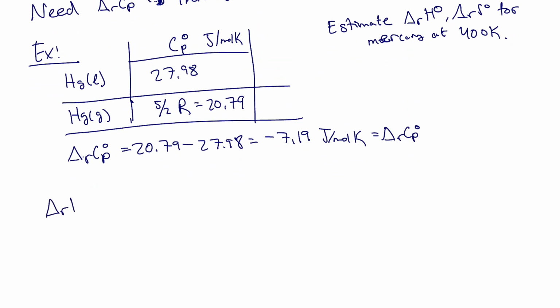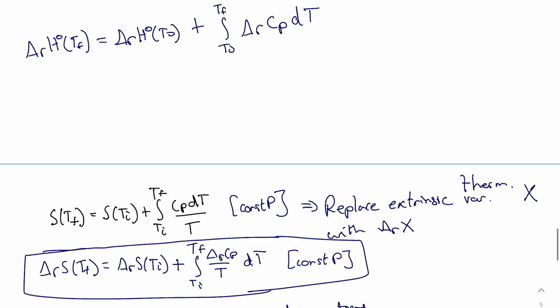Now I can plug that in. Delta RH naught at 400 Kelvin is going to be equal to delta RH naught at 298, which we had from the table, plus my integral here. Since delta RCP is constant, this integral will go away.